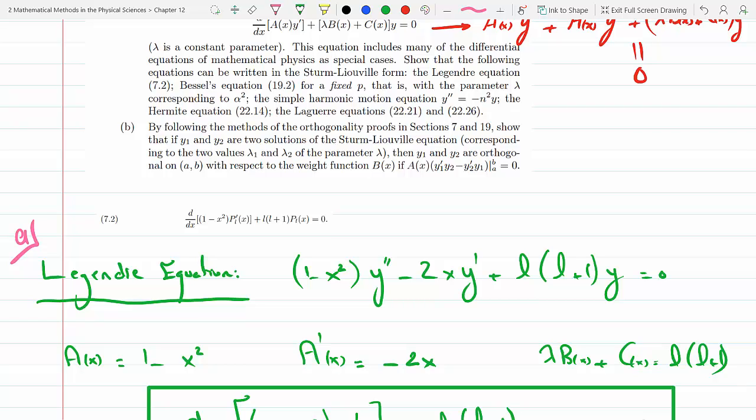That if y1 and y2 are two solutions of the Sturm-Liouville equation corresponding to values lambda 1 and lambda 2, then y1 and y2 on a to b with respect to a weight function b of x have to be orthogonal if this condition here is met.